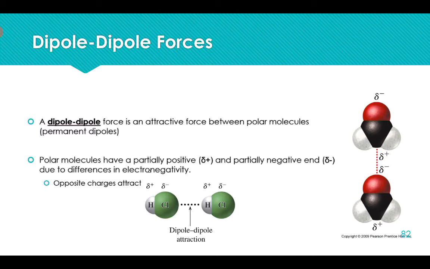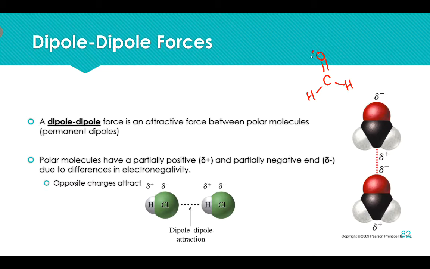Our next intermolecular force that we're going to talk about are dipole-dipole forces. Unlike our dispersion forces, which are between temporary dipoles, dipole-dipole forces here are between permanently polar molecules. And so each molecule here has a permanent dipole to it. And so this is formaldehyde.